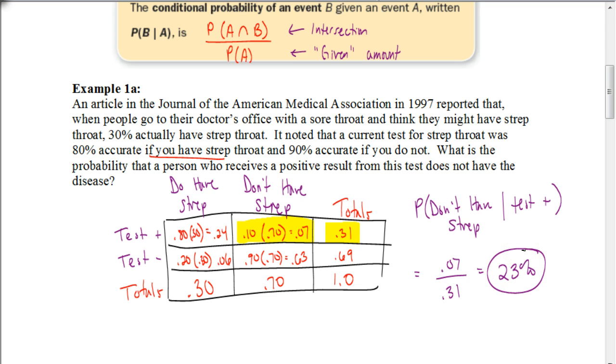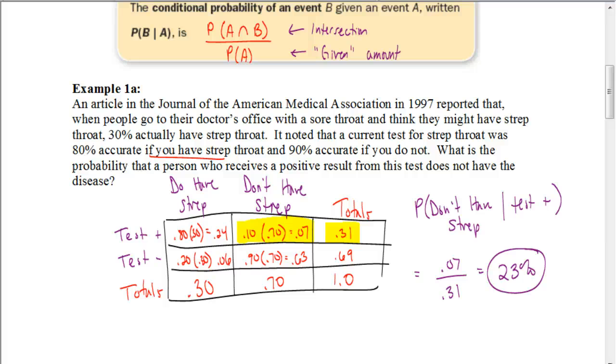23%. So let's go over this last part again so you make sure that you know how we found that. The question is asking us, what is the probability that a person who receives a positive result does not have the disease? The numerator is what they have in common, where they test positive and they don't have strep.